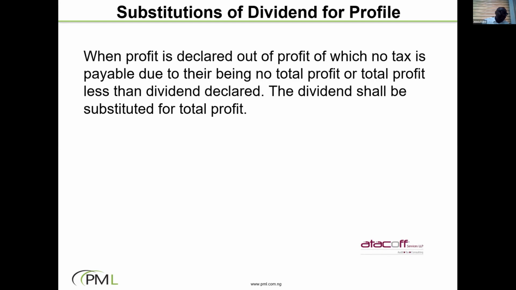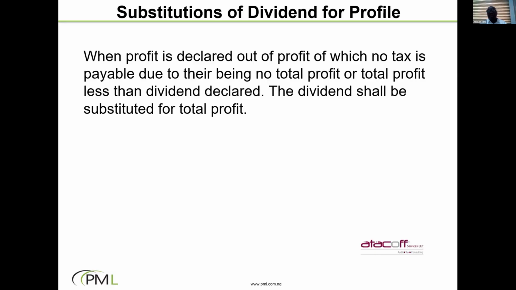So if last year your closing retained earning was, let's assume for analysis, 10 million naira, the additional retained earning for the year is 60 million, and you decide to now pay a dividend of 40 million. And in this year that you have a retained earning of 60 million, you do not have a taxable profit, or you have a taxable profit that is less than the dividend of 40 million you are paying. What the tax authority will do is take your 40 million as your new taxable profit, and it's on that 40 million that they will compute your CIT and your development levy.